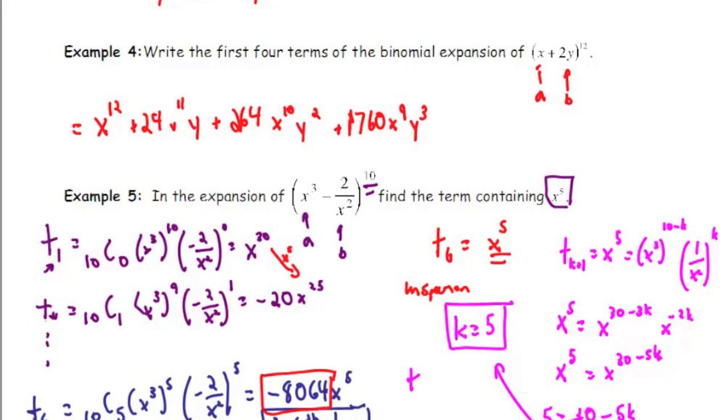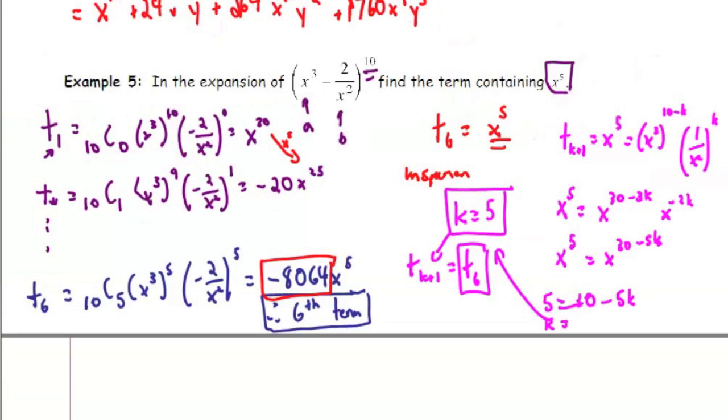Well, we have the same base, which means 5 has to be equal to 30 minus 5k, which means k has to equal 5. The answer is, it is in T6. So inspection gets you there, algebra gets you there, brute force gets you there, but either way you go, you should be able to come up with the solution using any method you feel good with.